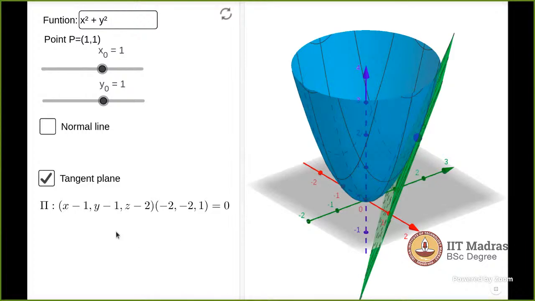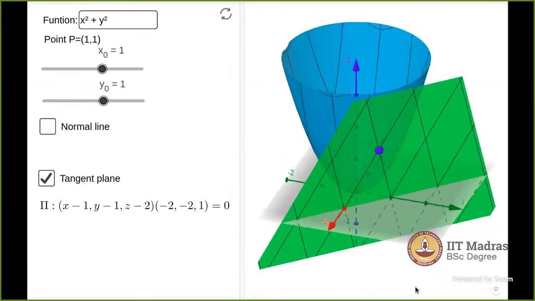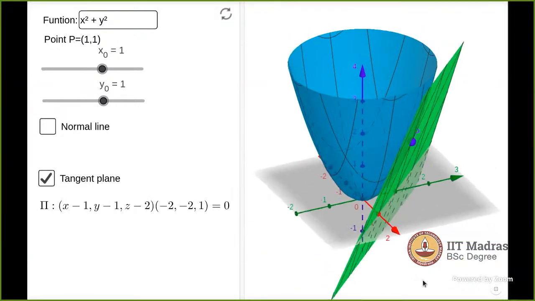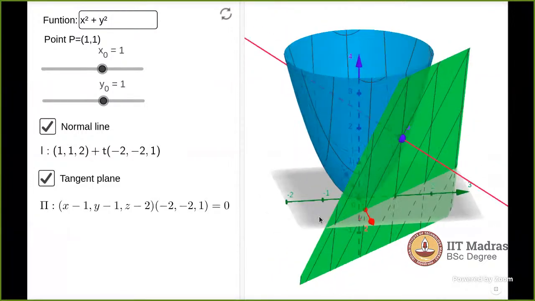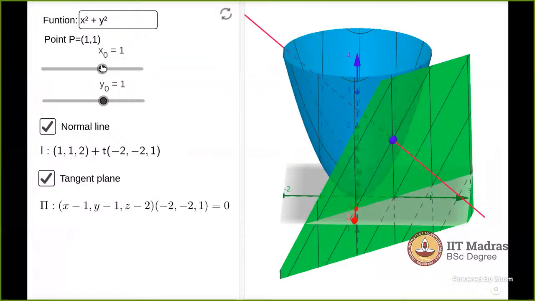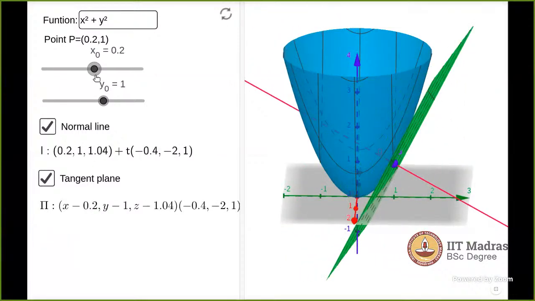This is the equation of the tangent plane. Now if I want to see how the gradient vector looks, it is basically like this in this direction. If I move the point now, you will see the tangent plane along with the gradient vector will move.